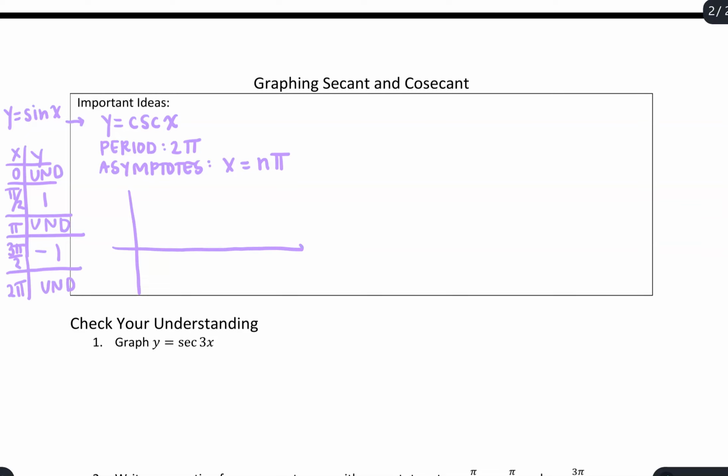So we'll have 0, pi over 2, pi, 3 pi over 2, and 2 pi. So it's periodic. It's going to continue, right? Okay, in a pattern. So at 0, we're going to be undefined. So that's going to be a what? Asymptote. So we draw a little dotted line. So we'll draw a dotted line at pi. And we'll draw another dotted line at what? At 2 pi. Okay.